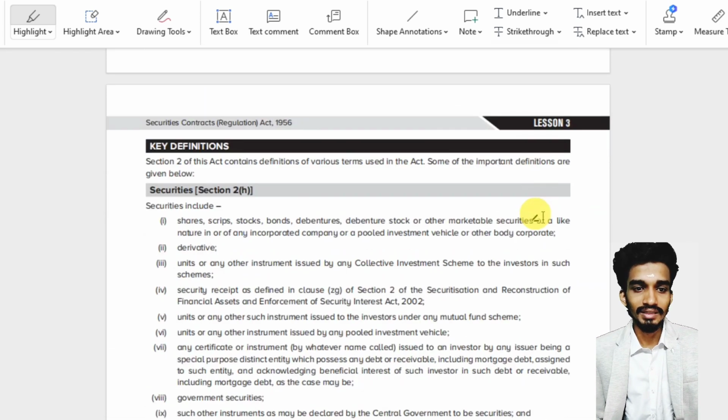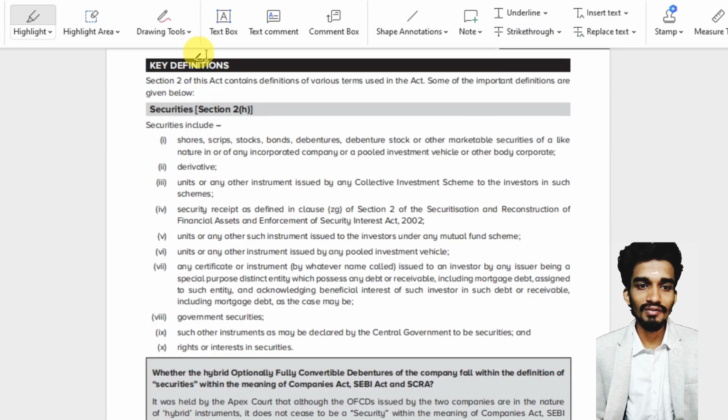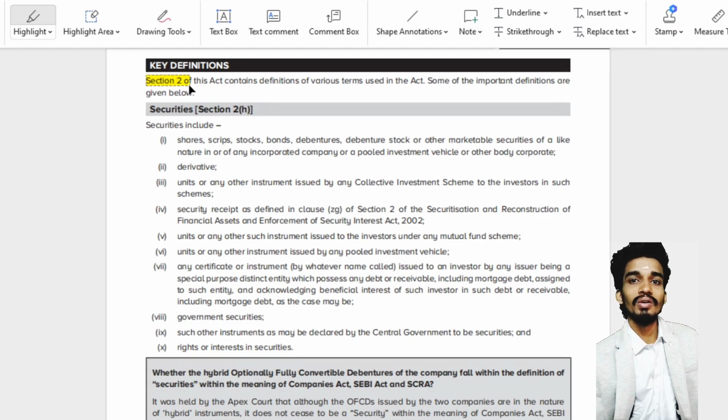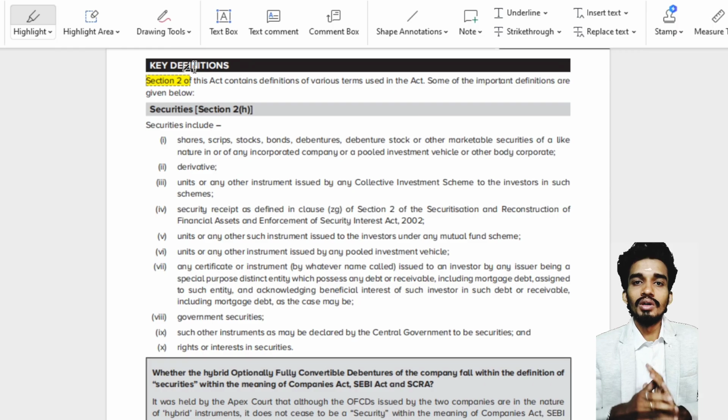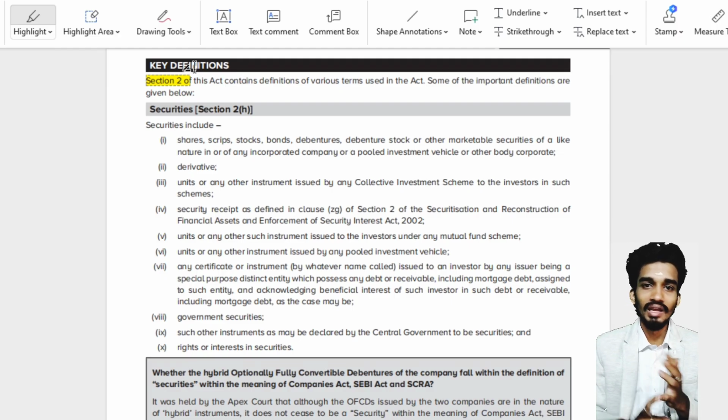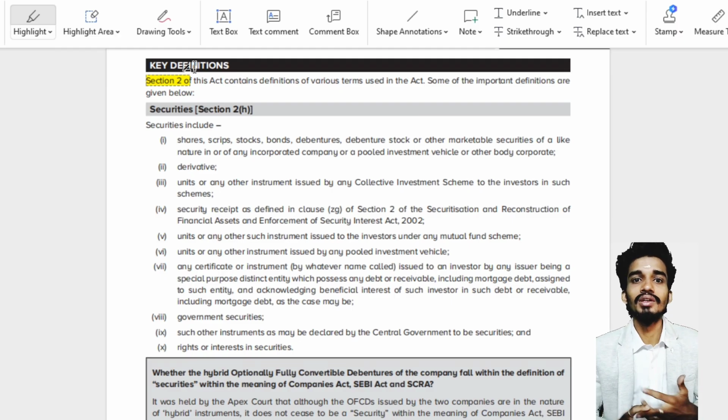Okay, and your definitions. In most acts, the definitions are covered in section 2. In your lesson 1 and lesson 2, we don't have any legalities on any part. We have general concepts like AIF, angel funds, QIBs.